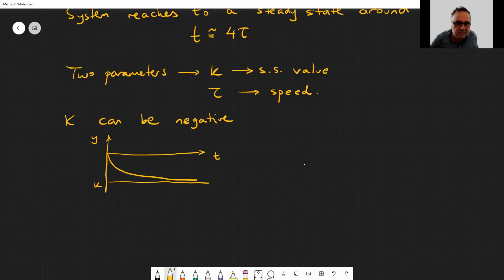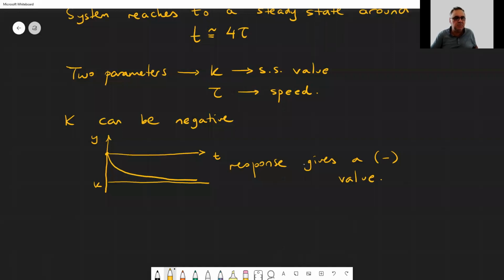The only thing is that the response gives a negative value with respect to the starting value. Okay, the starting value does not have to be 0, but it can be anything. But the value in the steady state is less than the starting value. Okay.